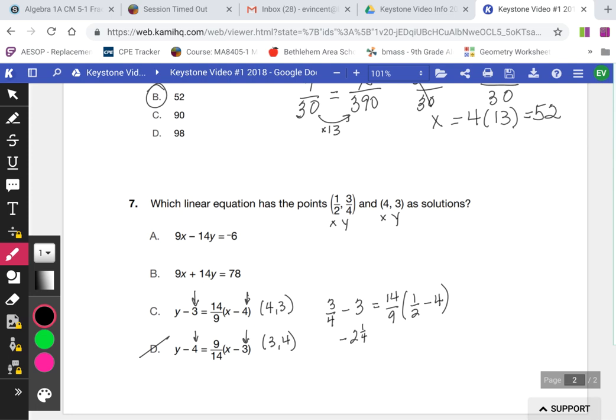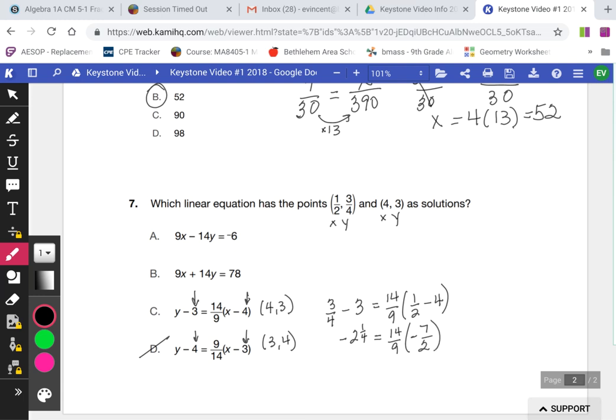Or I can change it to an improper fraction if I want to, which is -9/4. And 14/9 times 1/2 minus 4 is -3.5, which is the same as -7/2.